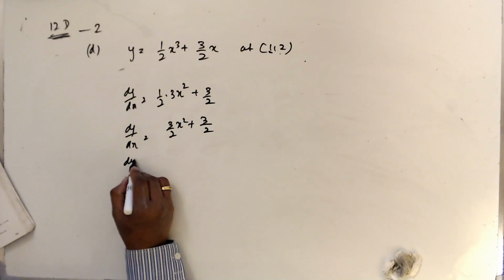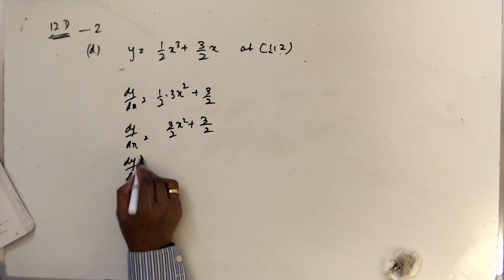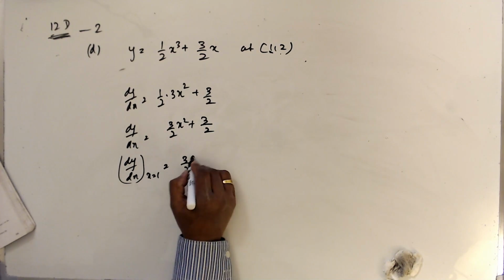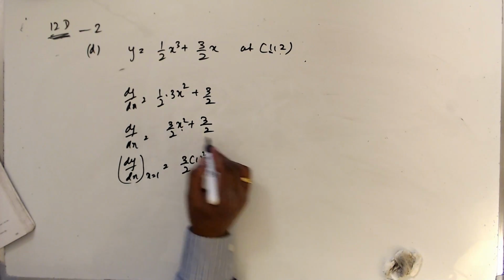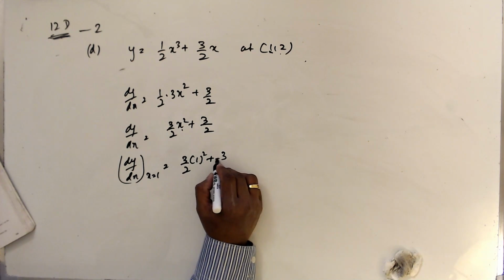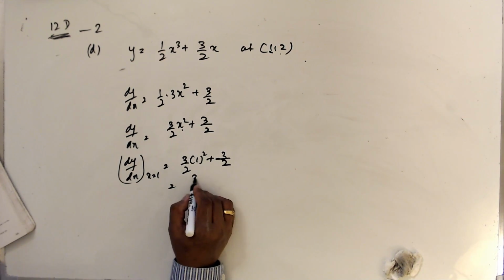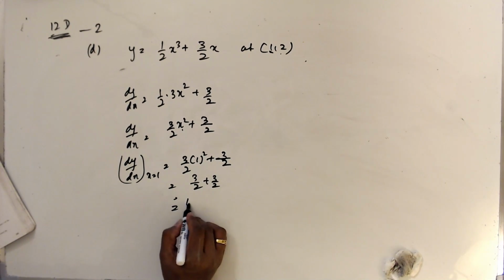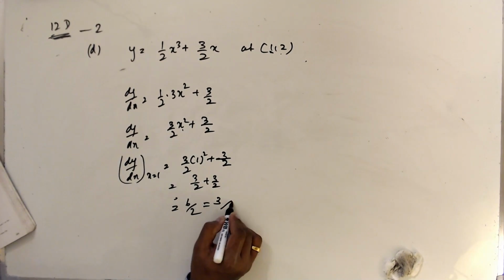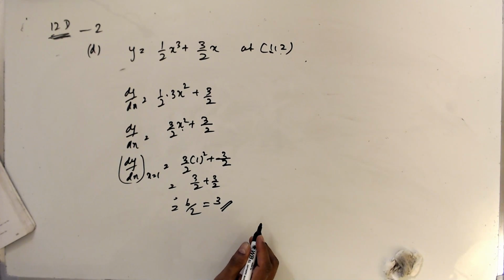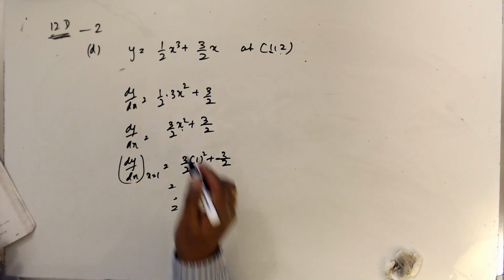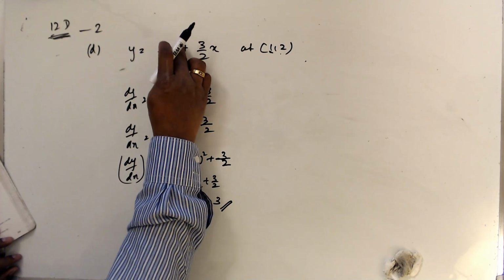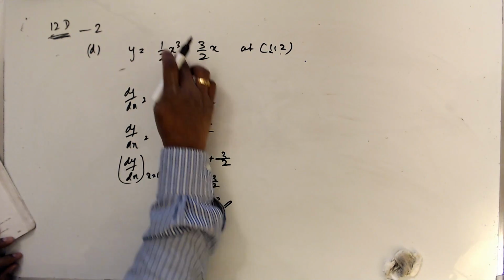So dy over dx at x equals 1: 3 over 2 times 1 squared plus 3 over 2, which is 6 over 2, which is 3. I think instead of 2 I put 3 here, so I have to rework this one with 2.